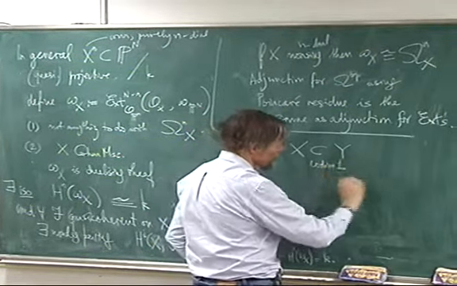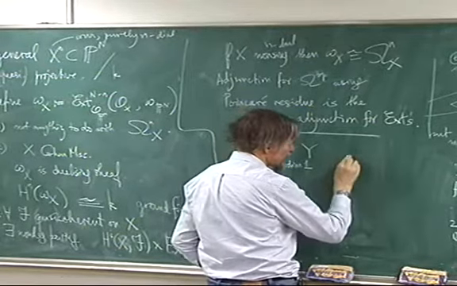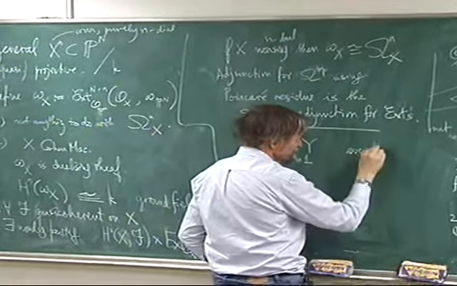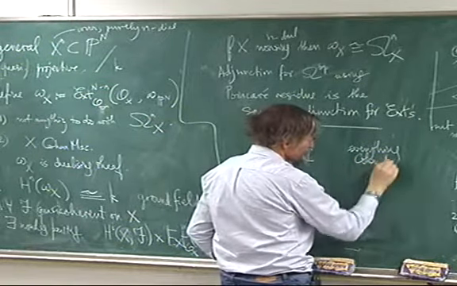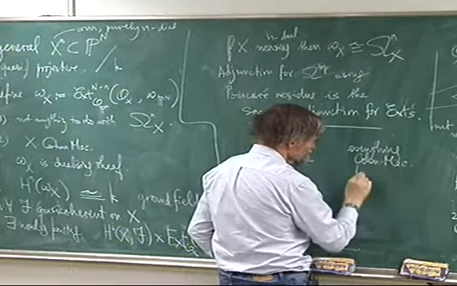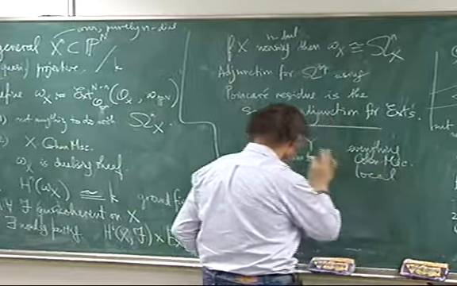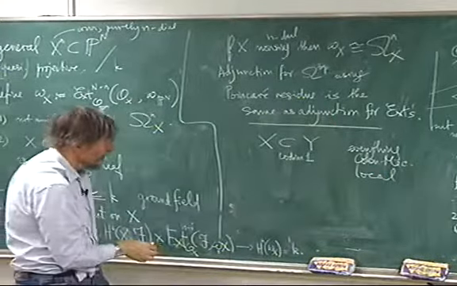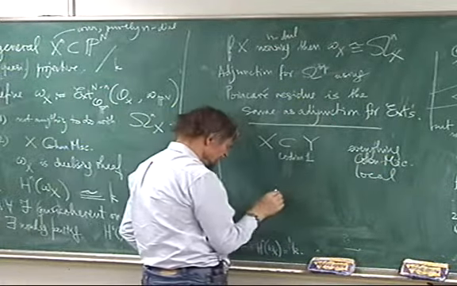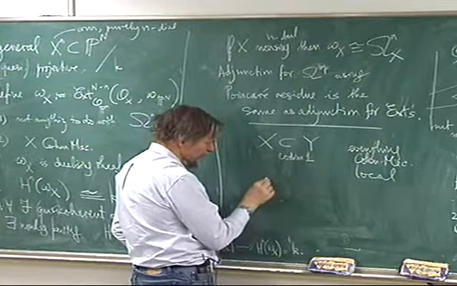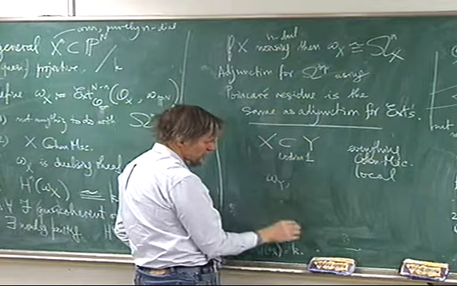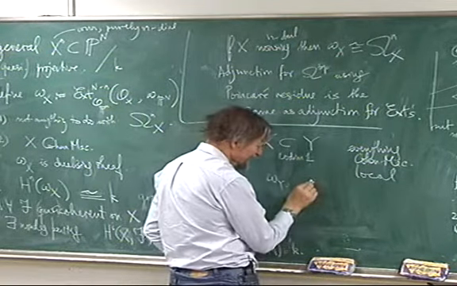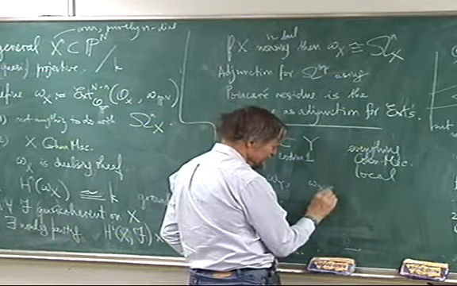I'm going to suppose that everything is Cohen-Macaulay and local, so this is just locally in the neighbourhood of a point. Then I've got an omega Y, and I can discuss omega X.